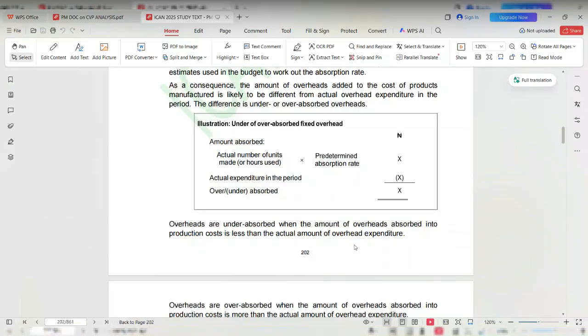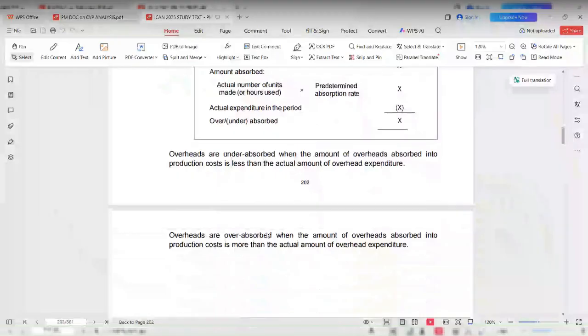Overheads are over absorbed when the amount of overhead absorbed into production is more than the actual. That is over absorbed, as we have seen on the screen.